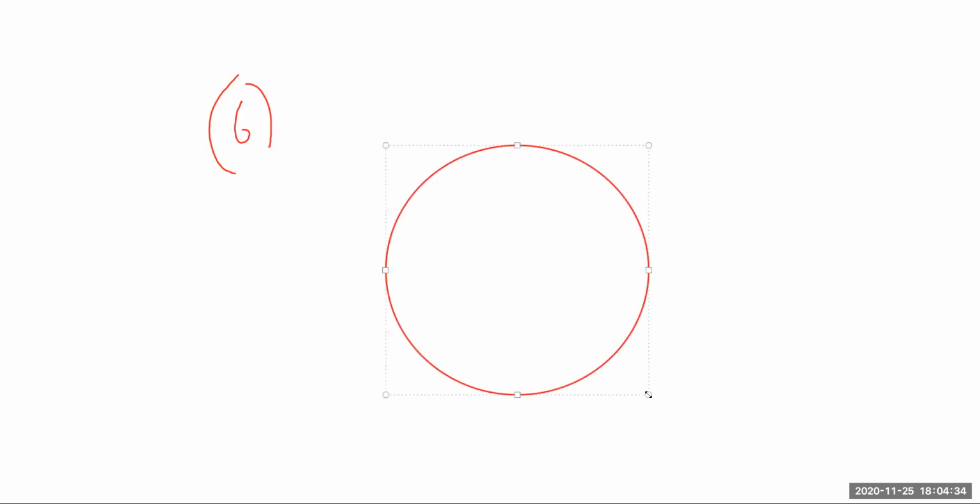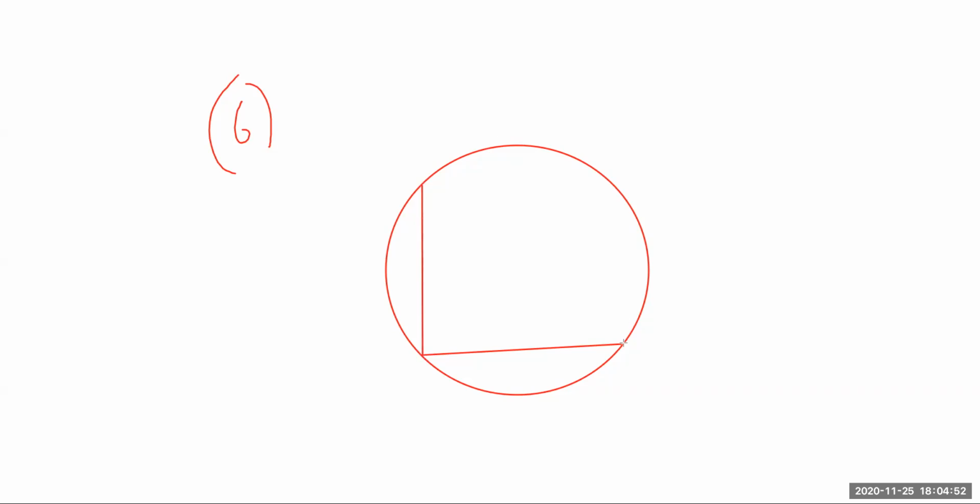Theorem 6 now. If we have a circle, and inside the circle we have a chord. A chord is a line that connects 2 points on the circumference. And on top of this chord, a line is drawn to touch a point on the circumference.